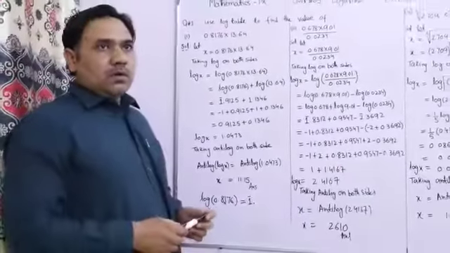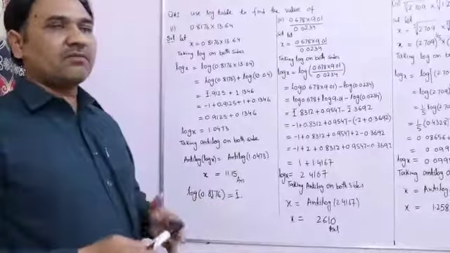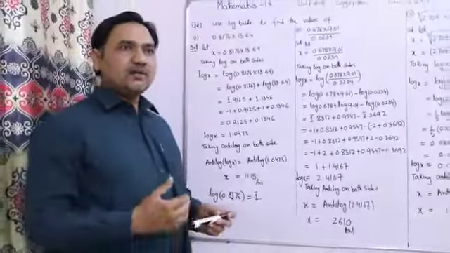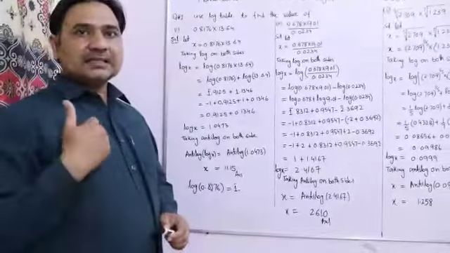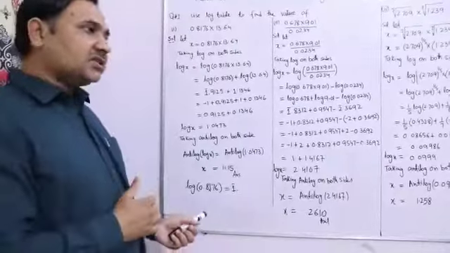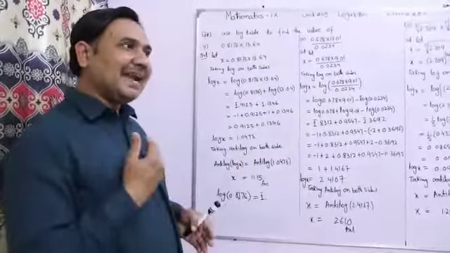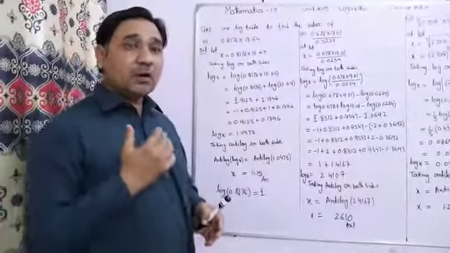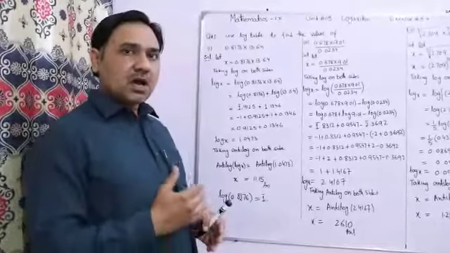Now we have to write the mantissa. The logarithm contains two parts. The first one is the characteristic and the second one is the mantissa. The characteristic can be positive or negative, but you have to remember that the mantissa is always positive.